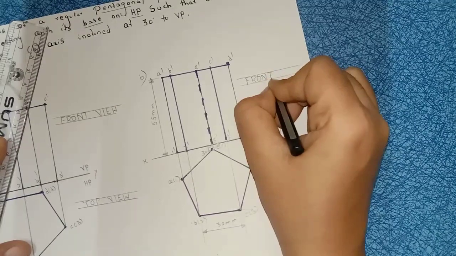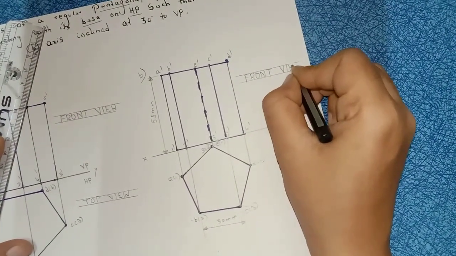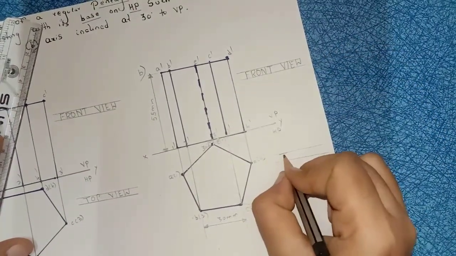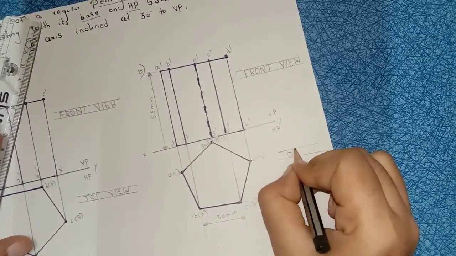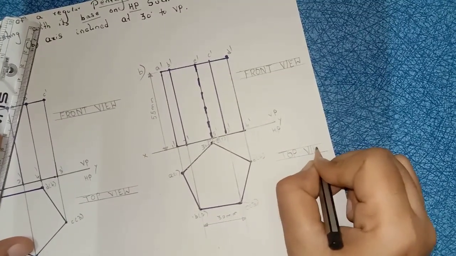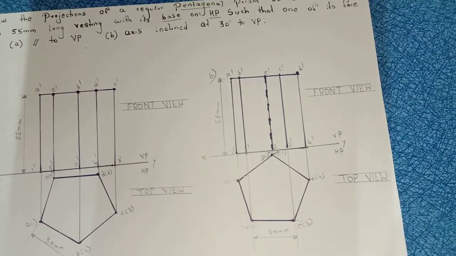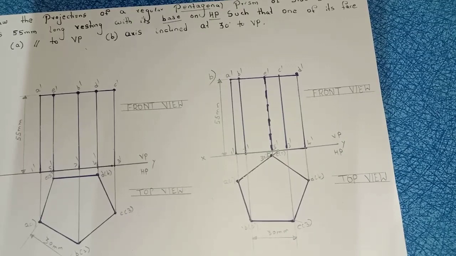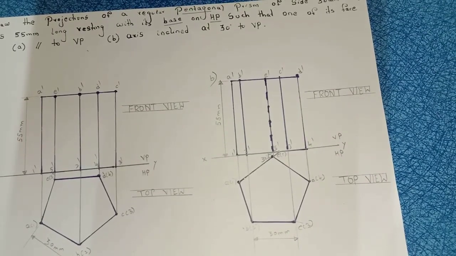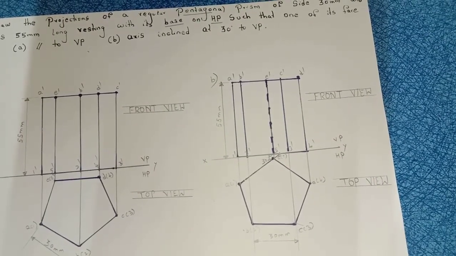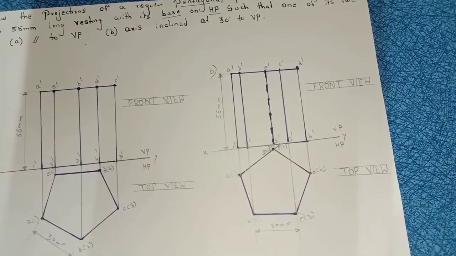See, all problems are in the same manner. Right, these are easy problems and these are similar to projection of plane surfaces. In plane surfaces we are not considering height, but in these problems we are considering height. So what I said, in plane surfaces, if they didn't mention any angle, you have to draw only one position.